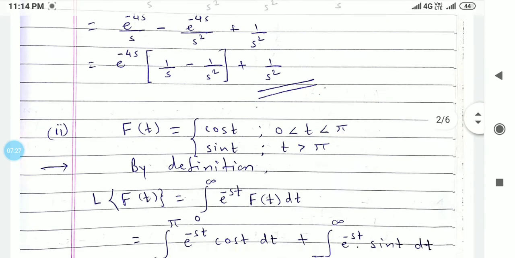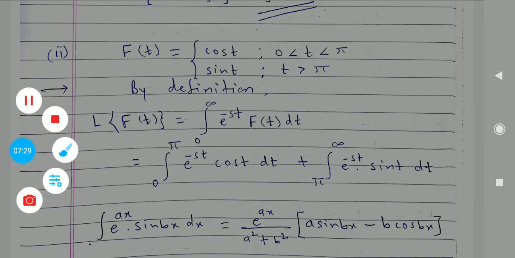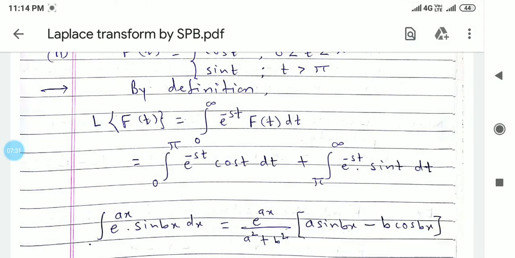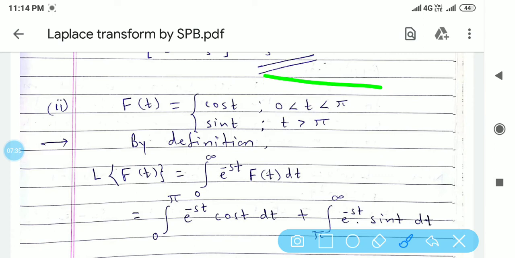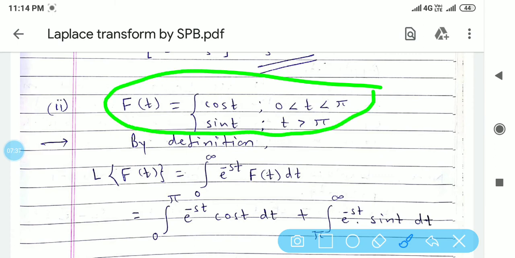Now the second example. The given function is f of t equal to cos t when t lies between 0 and pi, and sin t when t is greater than pi. So here the limits of integration are divided into two parts, that is 0 to pi and pi to infinity.